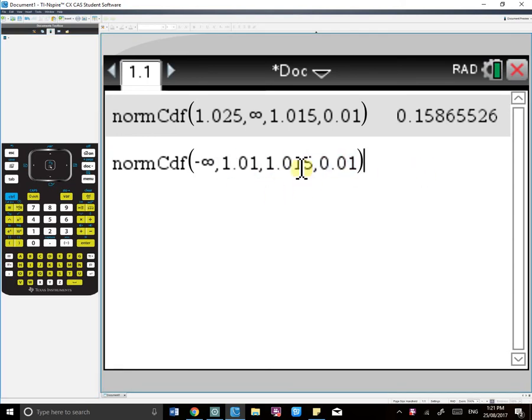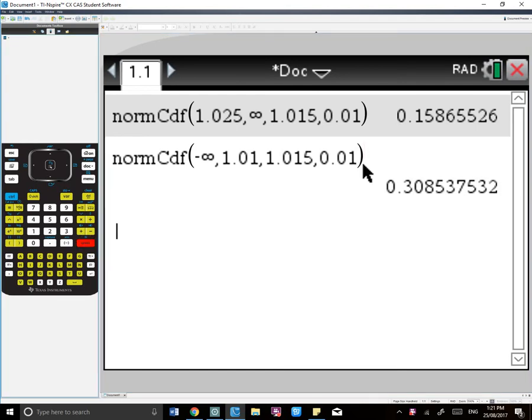And the mean is 1.015 and the standard deviation is 0.01. So we have 0.3085.